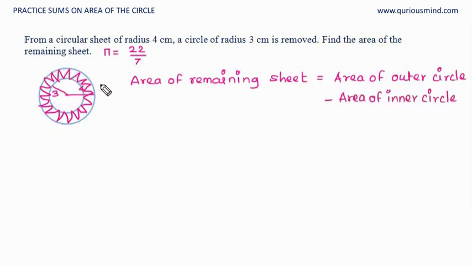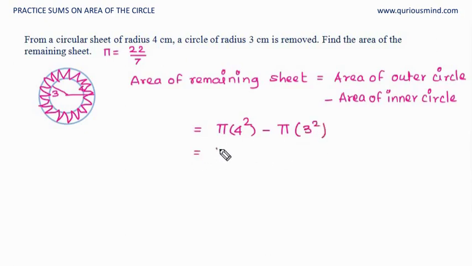So we have this area minus this area remains this area. Now area of outer circle is pi into RO square, we'll call it, that is 4 square, 4 cm, minus area of inner is pi into 3 square.